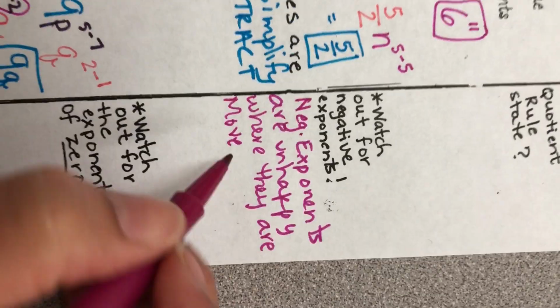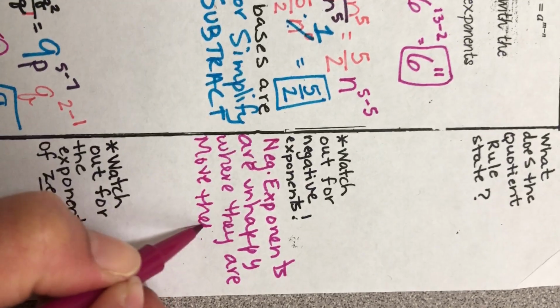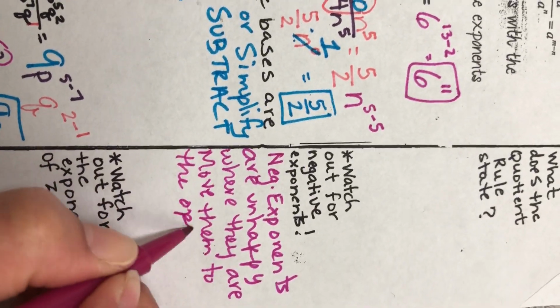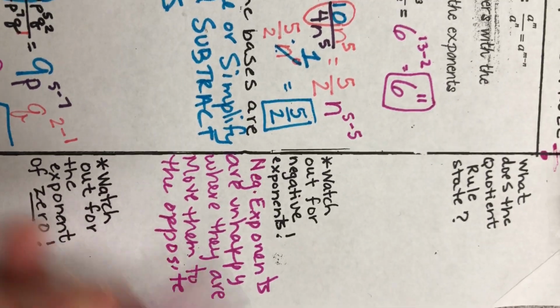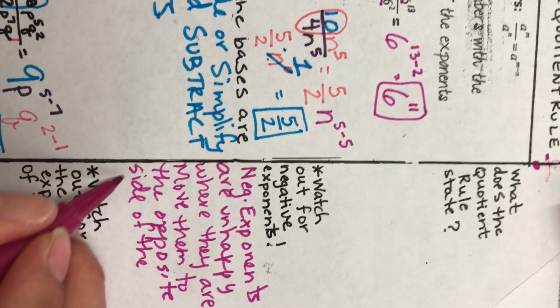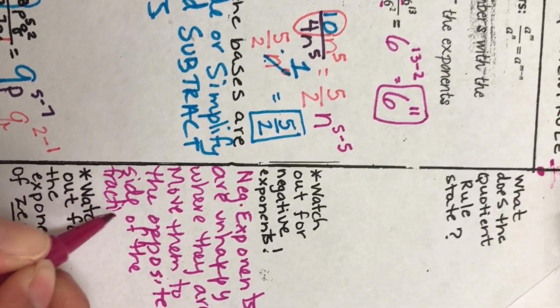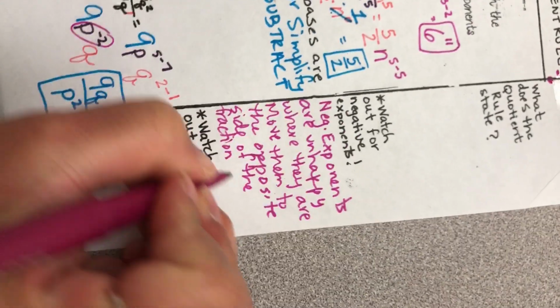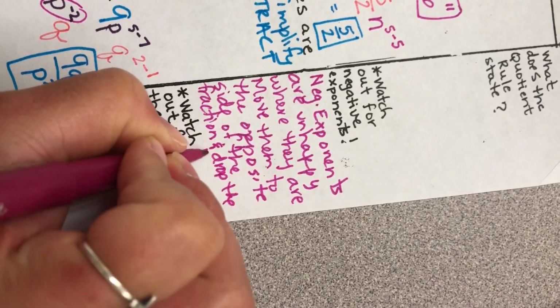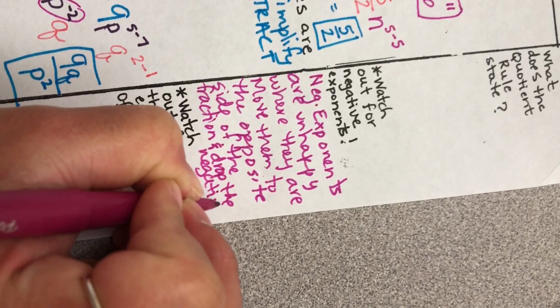Move them to the opposite side of the fraction and drop the negative. Once you move them, there's no more negative.